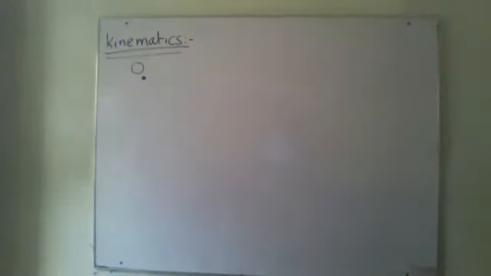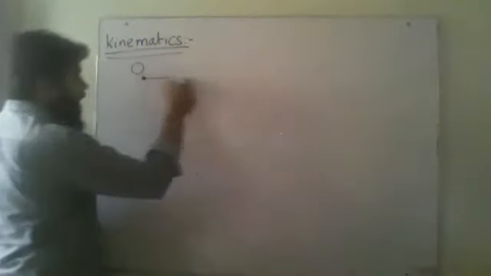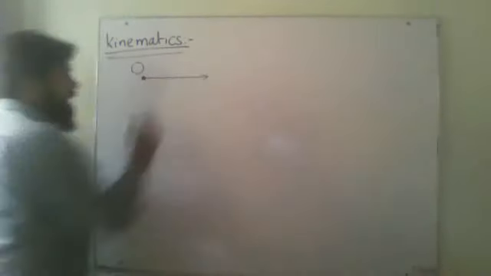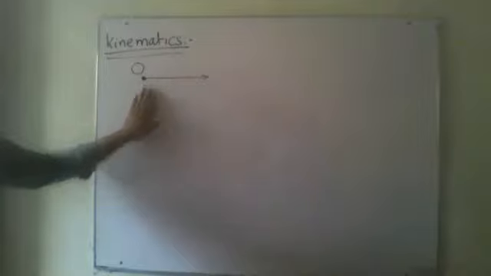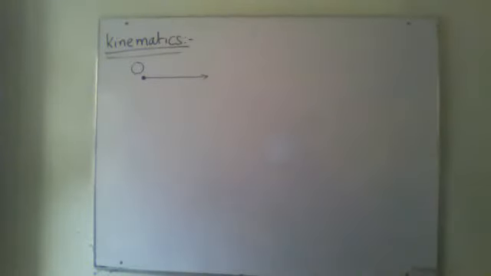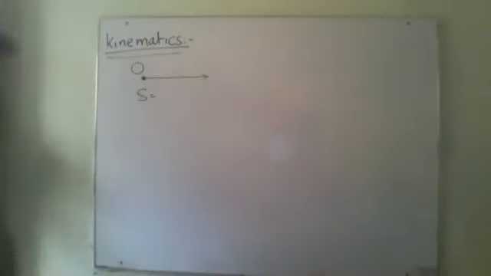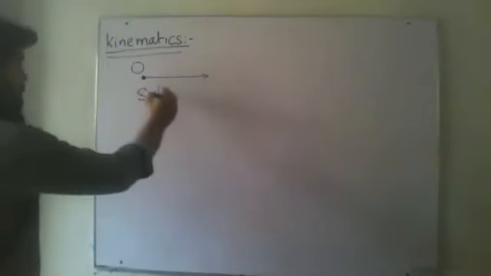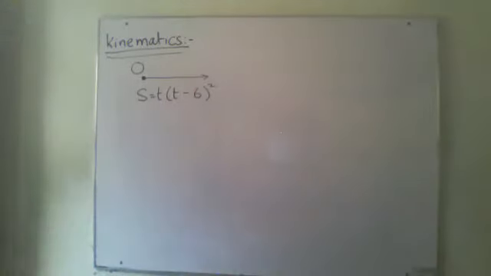The equation which is given to me is covering the distance from the starting point, and the distance covered is being represented by S equals t into (t minus 6) whole square.